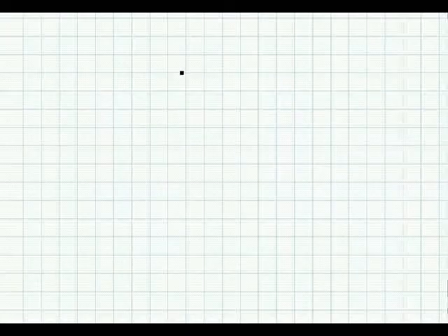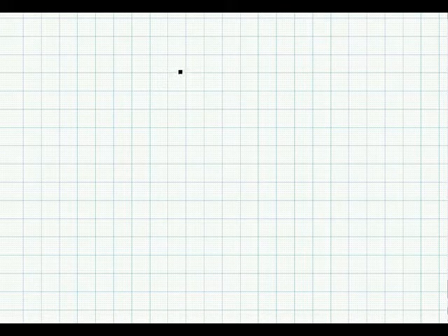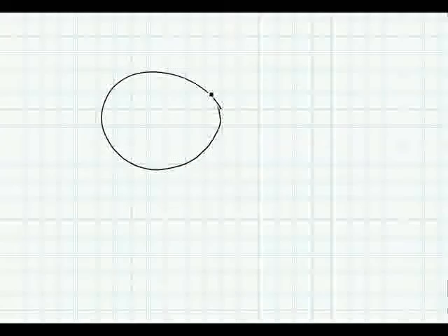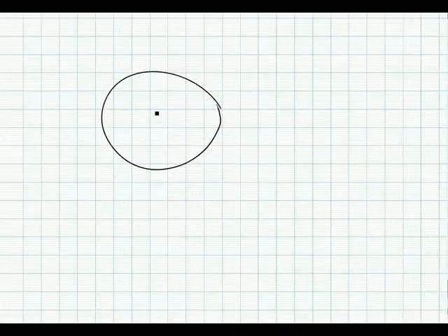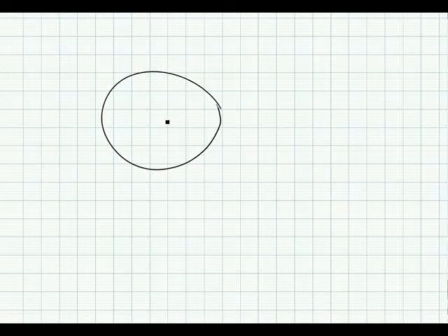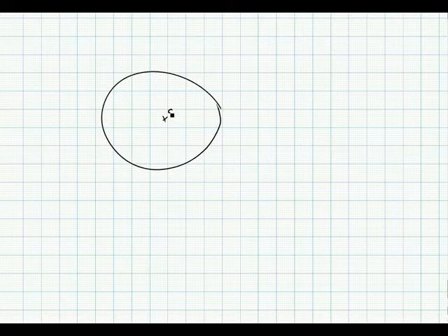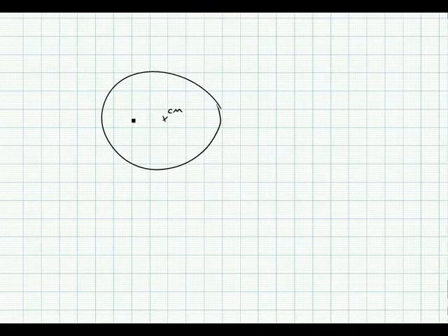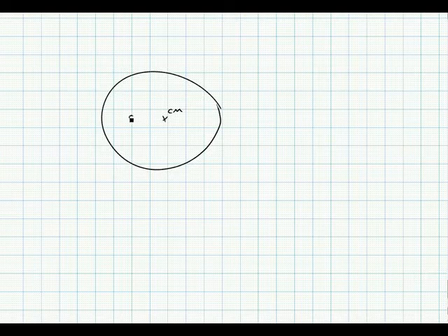Alright, in the third example I'd like to share with you, let us consider a shape whose center of mass we know where it is, and this is, let's say, a piece of art that is nailed to the wall through this point.